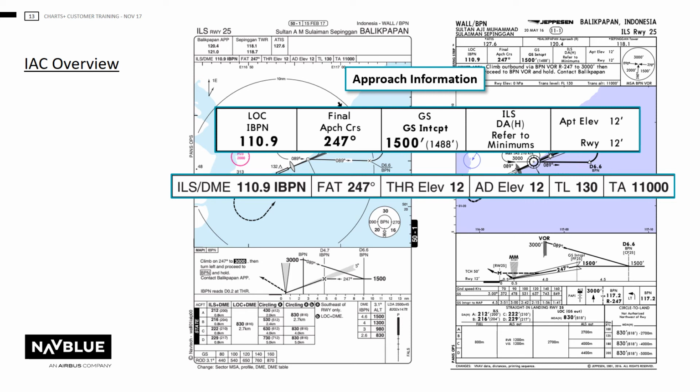The approach information, NavBlue will show the main approach aid, the final approach track, the threshold and aerodrome elevation, the trans level and trans altitude. We will not include the glide slope intercept height and any ILS decision altitude. This will all be shown at the bottom in the profile or in the minima section.